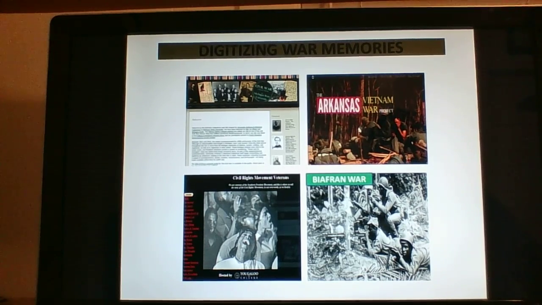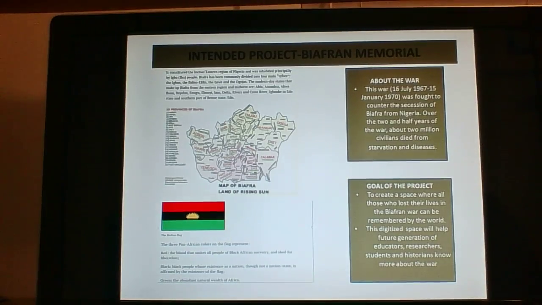The Biafran War is a war that was fought in Nigeria, my country, and it lasted for almost 3 years. It began on the 6th day of July 1967 and ended on the 15th day of January 1970. The war was fought to counter secession of Biafra from Nigeria. The Biafrans were the Igbos.